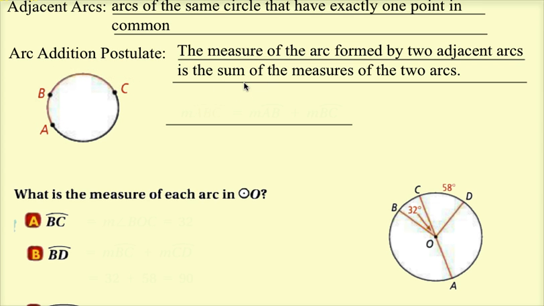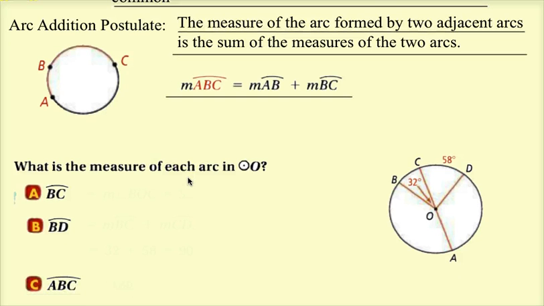So the measure of arc ABC equals the measure of arc AB plus the measure of arc BC. And I use that M for measure. And I'm just using the letters for the arcs, and I use that little arc symbol above the letters.